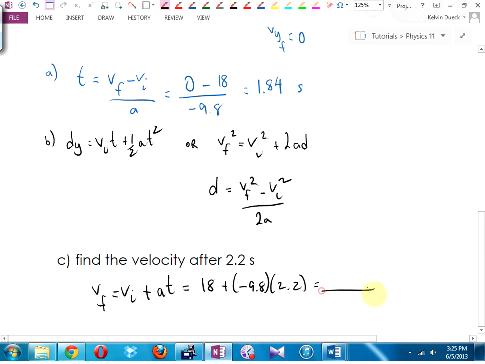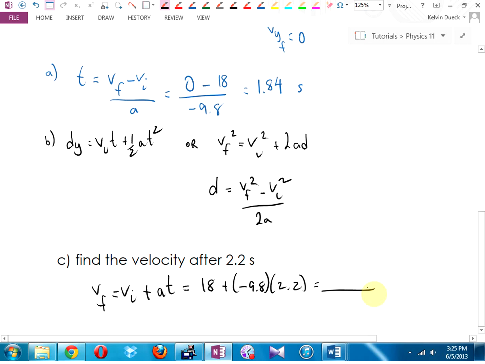And I think you will get a negative answer telling you it's on its way down. What if I put 1.84 in for T? I should get 0, or really close to 0, because I rounded off a little bit. It did come to a stop for a split second, or really close to that. Okay. That's straight up.